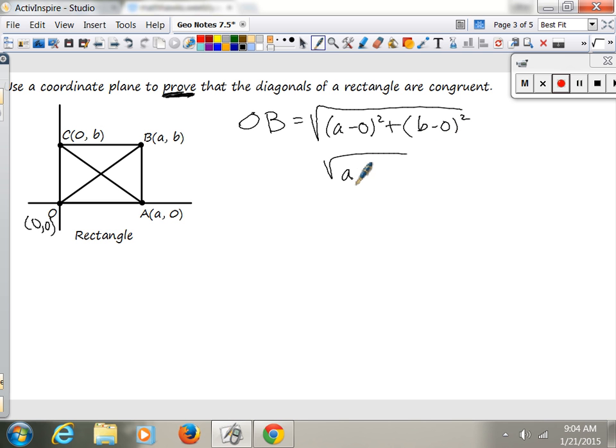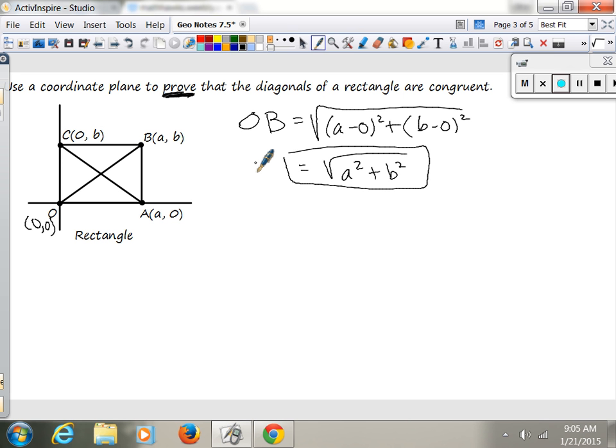So technically I'm going to get a squared plus b squared, which does not come out of the square root. If you remember your Algebra 2 days, a squared plus b squared is not a perfect square. You would need a middle term to have it be a perfect square. So that one is just going to have to stay the way it is. That's the distance of O to B.